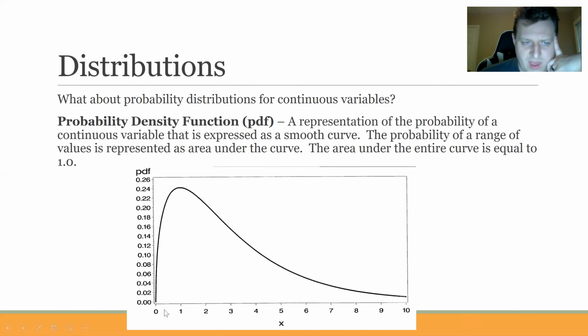Now if we were to calculate the area underneath the curve, doing a little bit of geometry to figure out the area between this curve and the x-axis, the area underneath the curve for a probability density function is always 1.